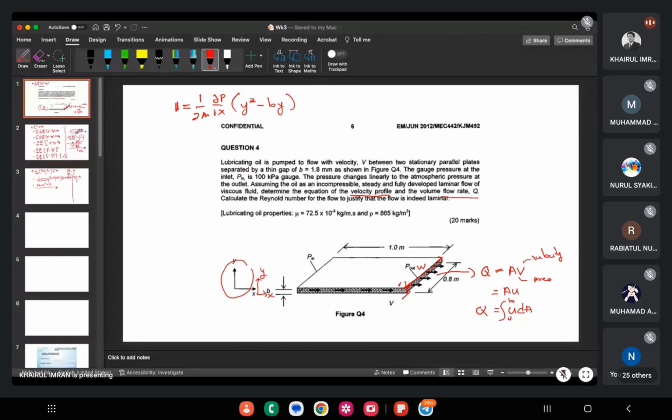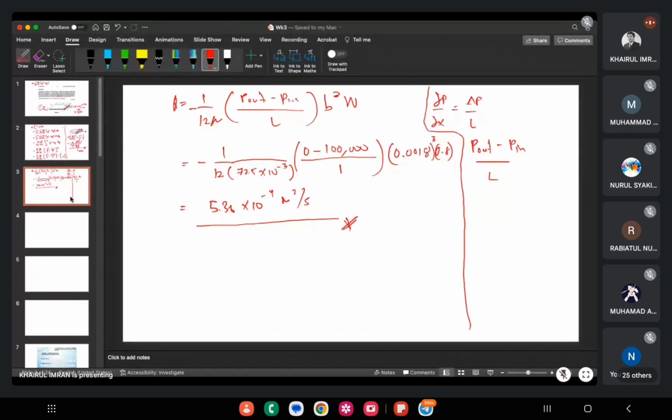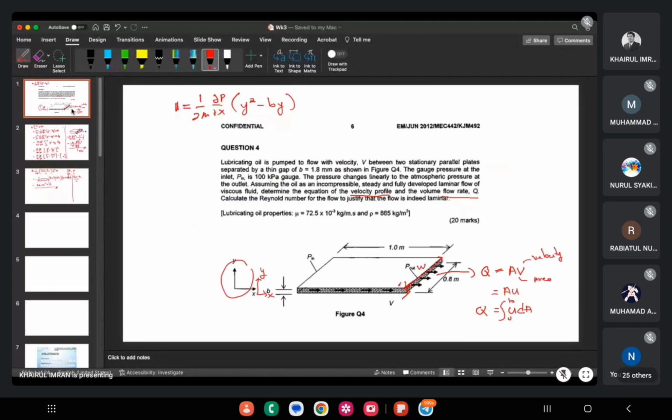Determine the equation of V and Q. So do it like this: draw a line, then write the solution, maybe number 2, flow rate for example. If you just answer without pointing out what your answer is, we don't know whether you understand or not. So this is the answer if they ask for a value.